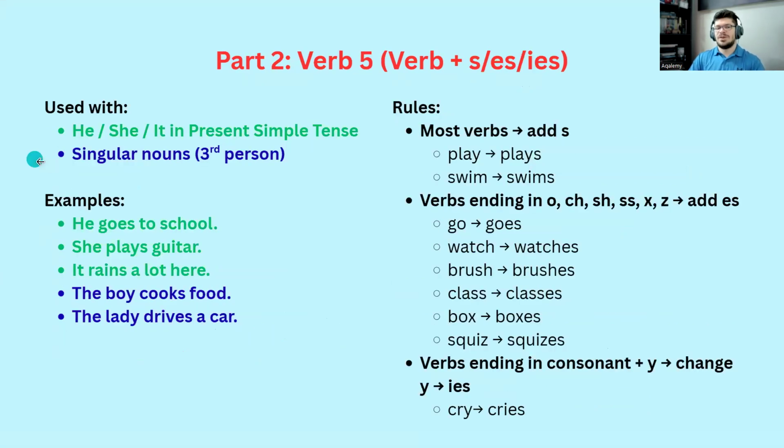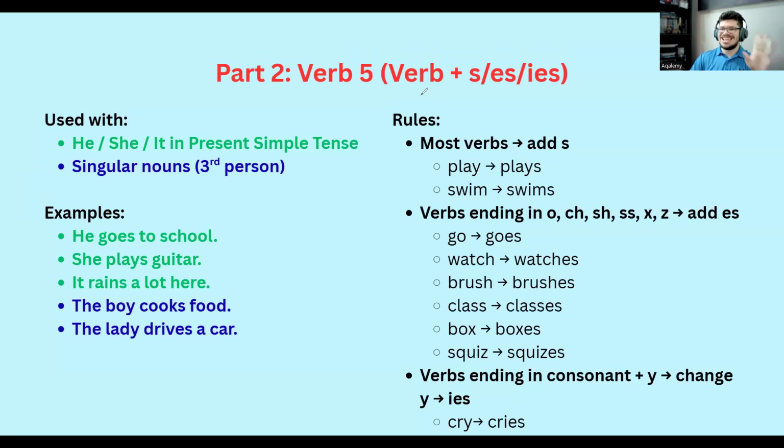Then we look at this one, verb 5. This one we only use in present tense. Okay. And if you have subjects like he, she, it, or maybe singular nouns like the man, the cat, the boy, the female.